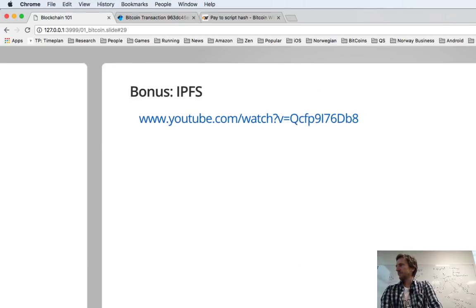So there are three things that I want to finish with. One is IPFS. How many of you know IPFS? Yeah. So what would you say it is? It's kind of a distributed cloud storage solution based on a mixture of Git and BitTorrent.